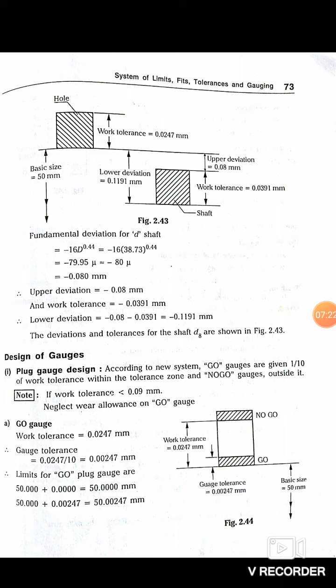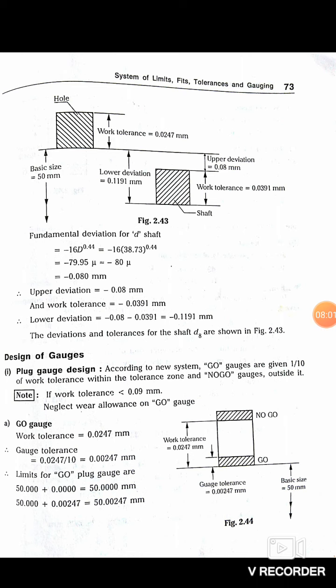Now design the go side. 50 is the basic size, 0 is the lower deviation, so one dimension is 50 mm for the go side of the plug gauge. The next one is the basic size, 50 mm plus the gauge tolerance 0.00247, so it is 50.00247 mm, which is the other dimension.